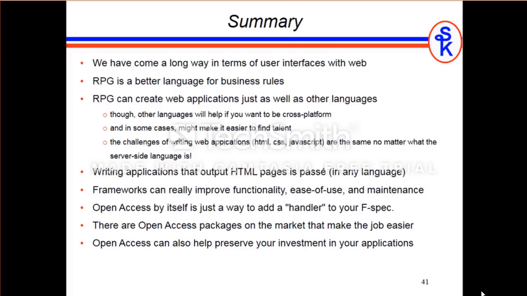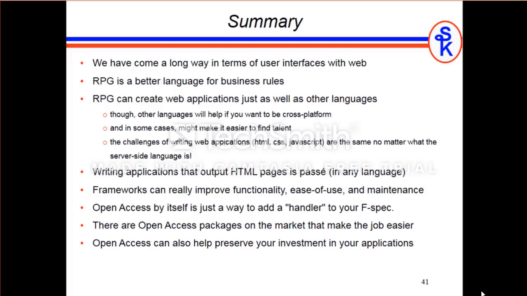So to summarize all this, first of all, if we look at the way the web has evolved, we've come a long way from those days when you had to type printf with HTML tag names in C. Things have gotten a lot better. With Web 2.0, we've made things much more interactive. In my opinion, RPG is a better language for writing business rules.